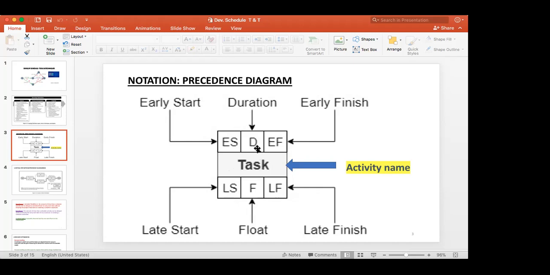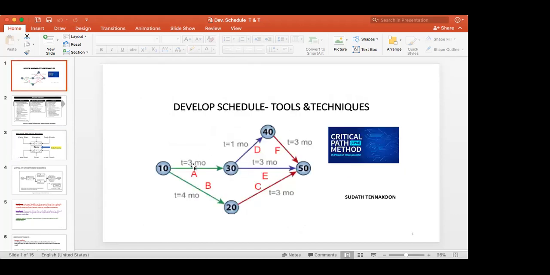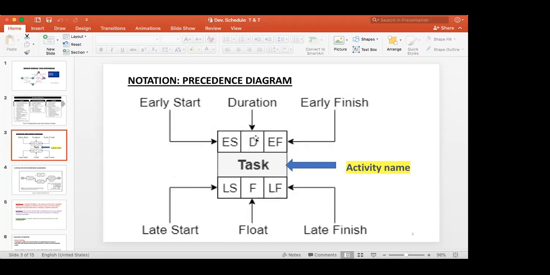The duration comes here. Here he is trying to say it's three months time; it could be a three-year duration. So this is the float. I will teach all these things. Float is the free time available.